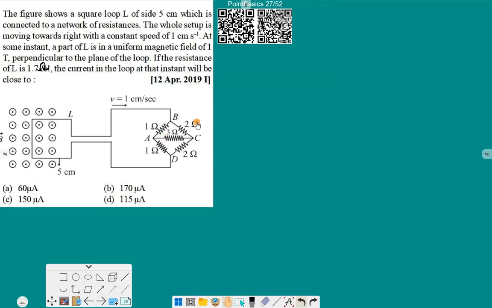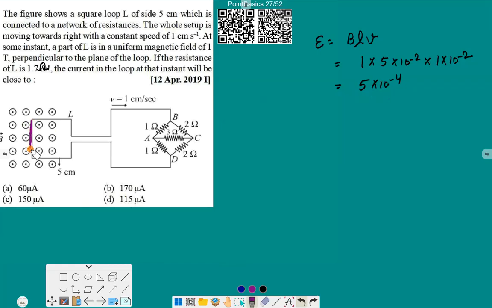So first we will find the induced EMF, and for a conductor, induced EMF is given by BLV, where B is the magnetic field, that is 1 Tesla, length of the conductor is 5 centimeters, so 5 into 10 raised to power minus 2, and velocity is 1 centimeter per second, so it will be 1 into 10 raised to power minus 2. So it will be 5 into 10 raised to power minus 4, and EMF will be induced only in this part.